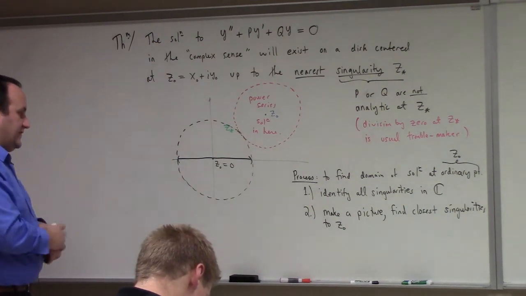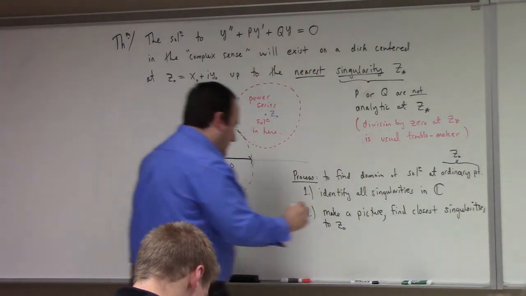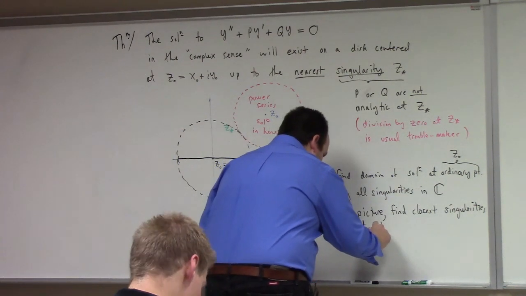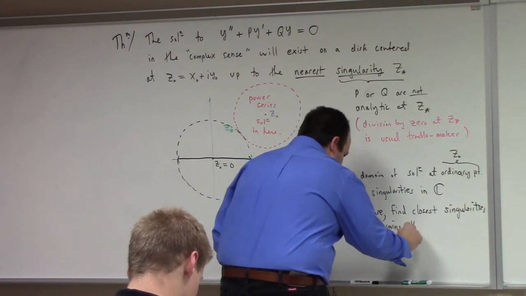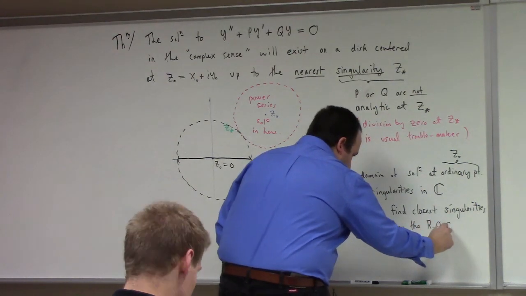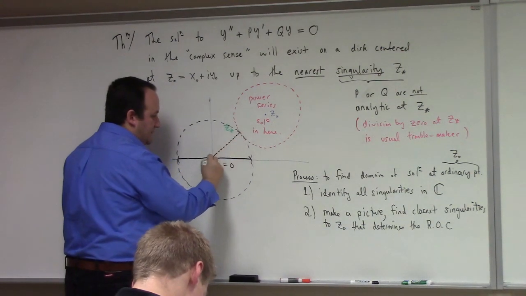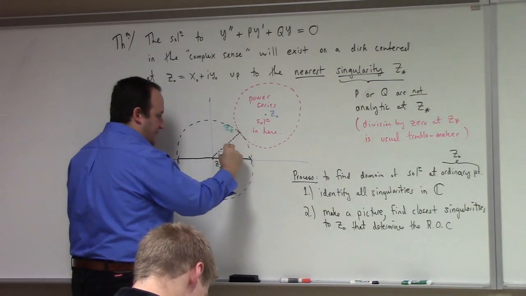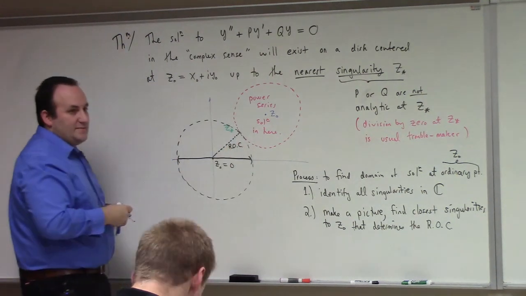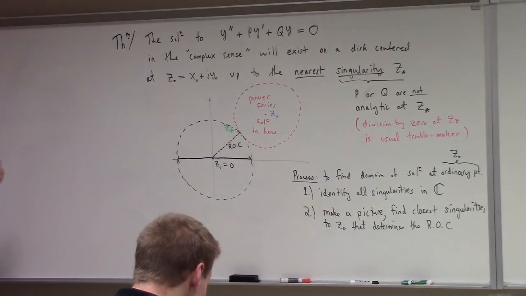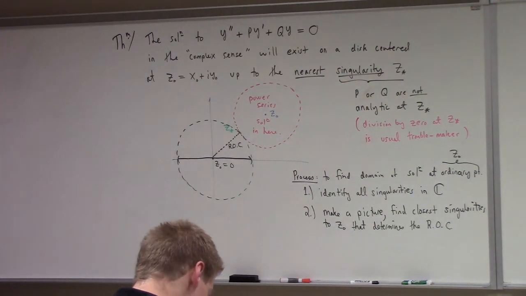So make a picture. You find the closest singularity to Z0. That determines the radius of convergence, right? So like here, this distance would be the radius of convergence. It literally means radius in the complex plane, right? But we still use that terminology in calculus 2 to refer to the radius of convergence, even though, of course, in calculus 2 we're just looking at line segments.